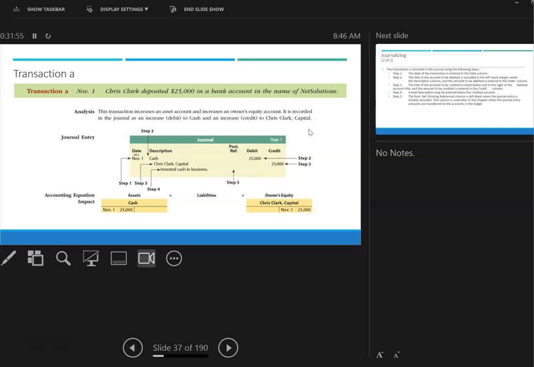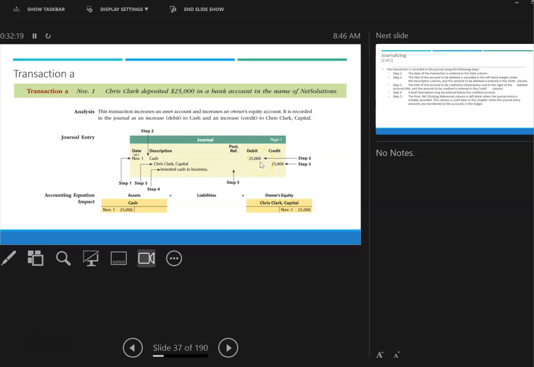Cash increased or got debited $25,000, and the owner's equity, Chris Clark Capital, was credited $25,000. But we still balance, don't we? Don't our debits equal our credits? Do you see over here what we debited? We also had to credit the same amount.